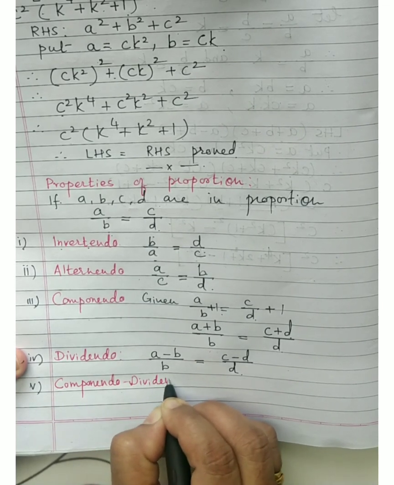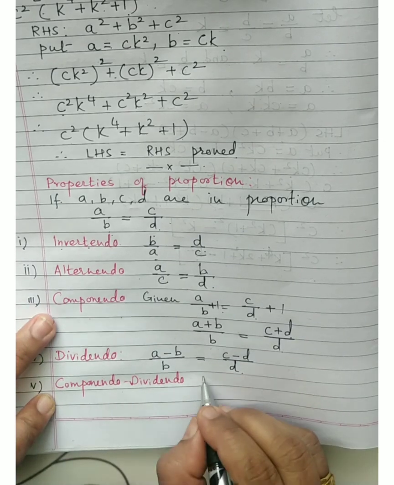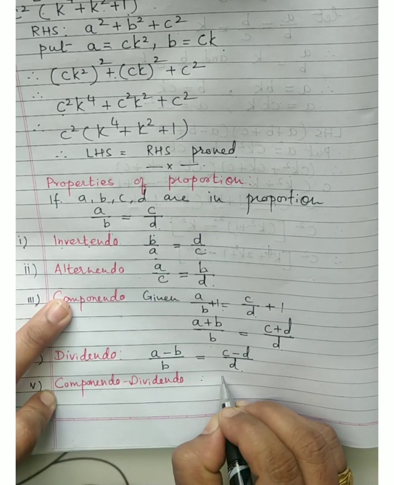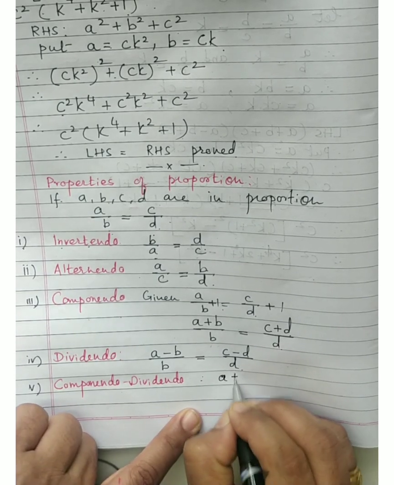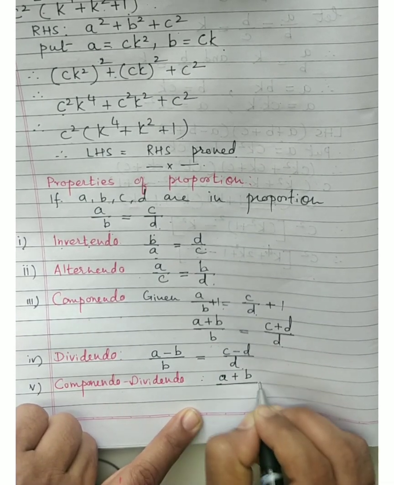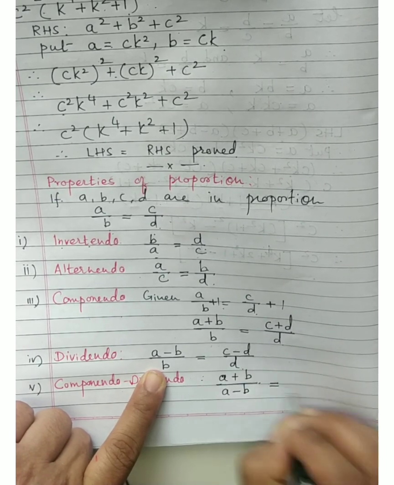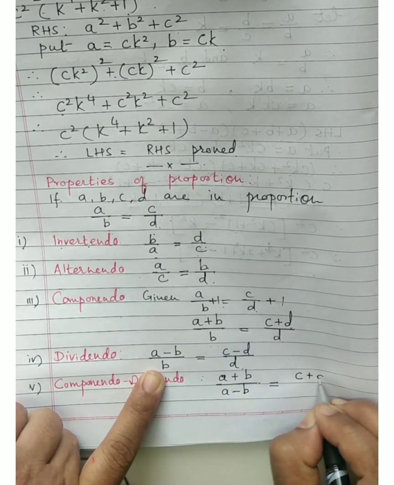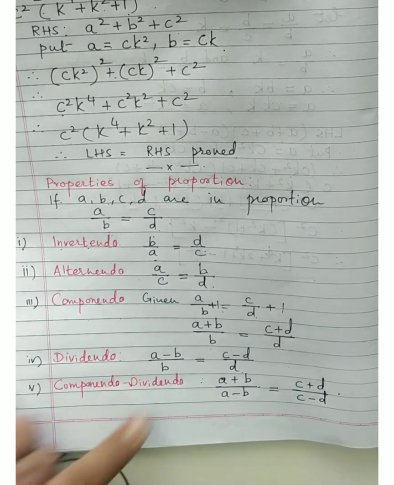Both denominators will be cancelled, right? So the property will be, if a upon b is equal to c upon d, then a plus b upon a minus b is equal to c plus d upon c minus d.